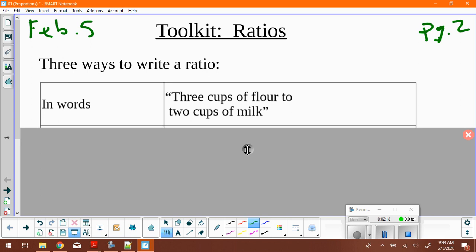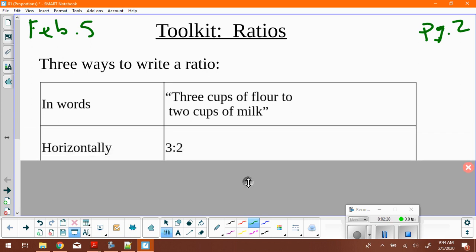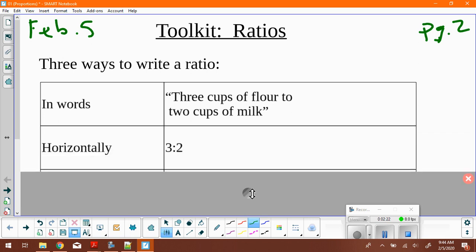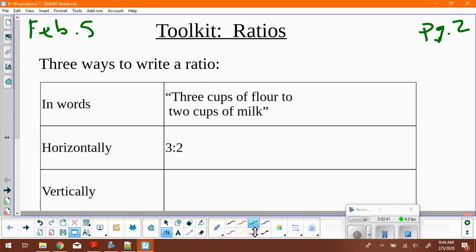The second way we typically write this is just going across the page, so 3:2, something like that. The third way that we can write a ratio is vertically, more like a fraction.